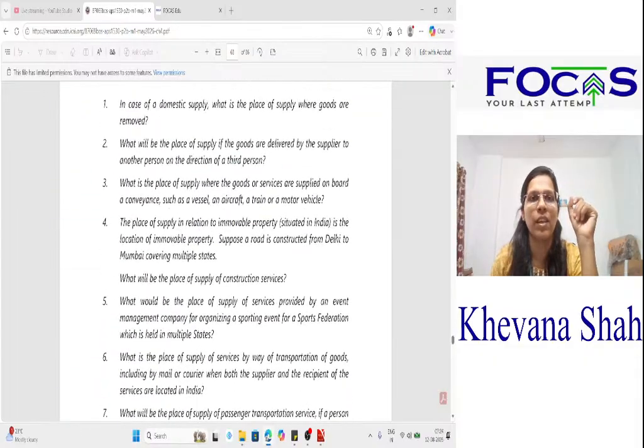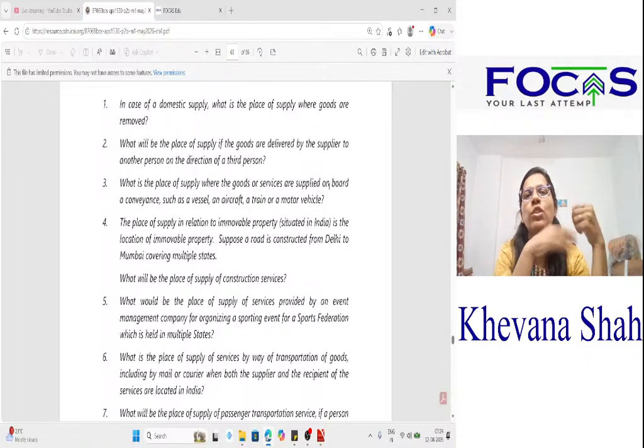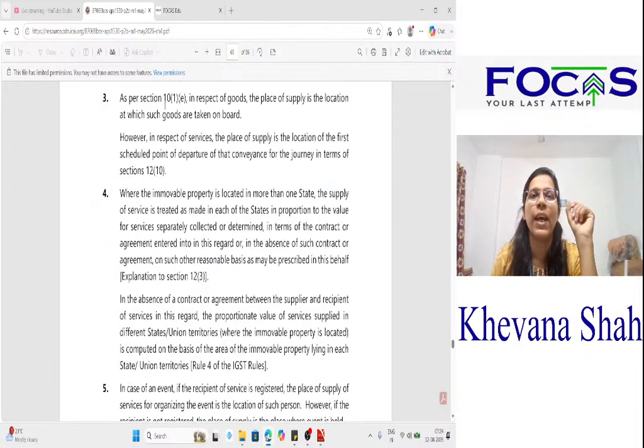Then, what is the place of supply where the goods or services are supplied on board a conveyance such as a vessel, an aircraft, a train, or a motor vehicle? In these cases, the place of supply of goods will be the place where such goods are taken on board. As per section 10(1)(e), in respect of goods, the place of supply is the location at which such goods are taken on board.